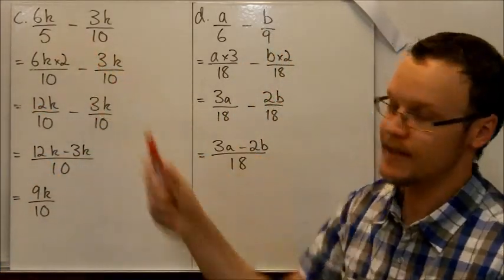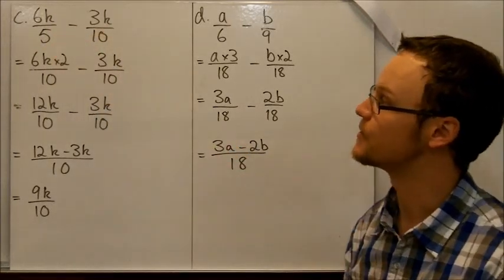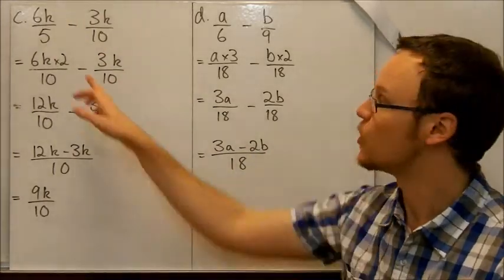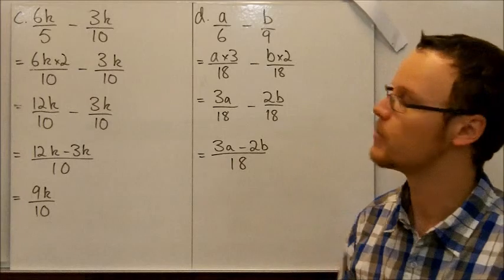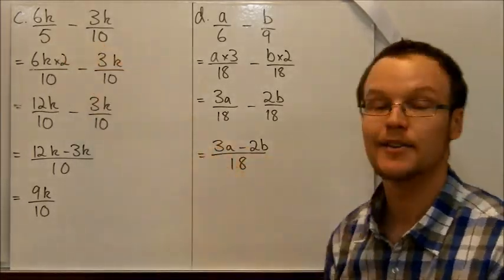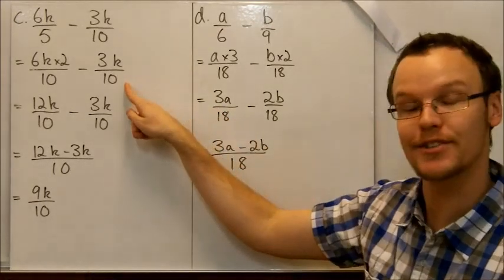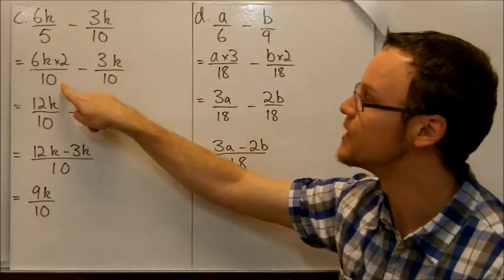For part C, the example is 6k over 5 minus 3k over 10. We do not have the same denominator, but we can find a common denominator. The lowest common multiple of 5 and 10 is 10, so we don't have to change the second fraction at all. We can multiply the top and the bottom of the first by 2 to get 10 on the bottom.